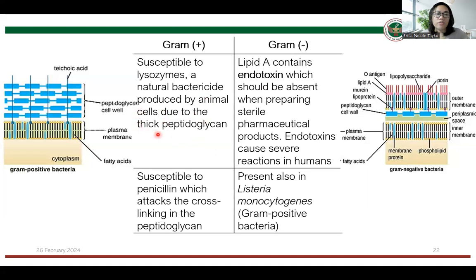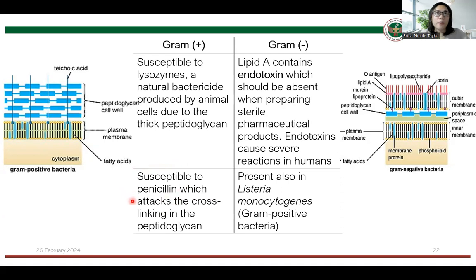So, even if thick yung kanyang cell wall, yung protection niya, it is actually the one that is being attacked by the lysozymes. So, kumbaga it's a negative trait patuloy yung kanyang peptidoglycan cell wall thick. Okay? In addition, yung mga cross-linking that is found in the thick peptidoglycan is what is being attacked by your penicillins.